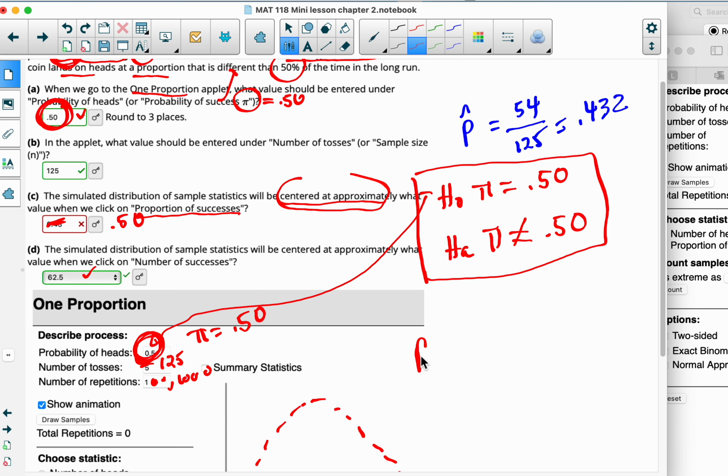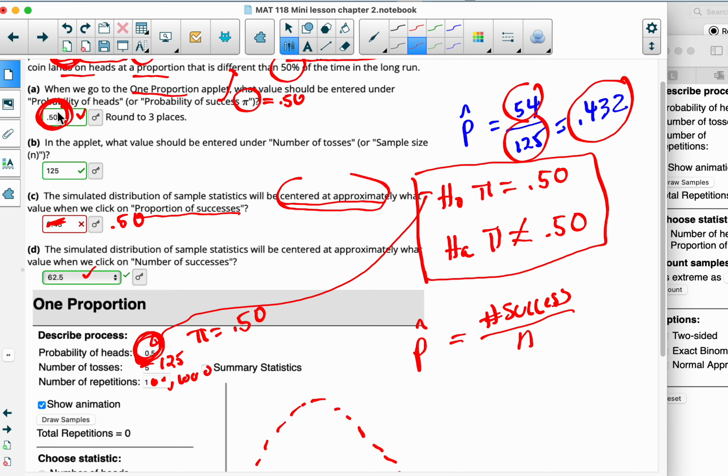I have 3 pieces. P hat is equal to the number of successes divided by my sample size. So we have 54 out of 125. When we divide that, that's 0.432.